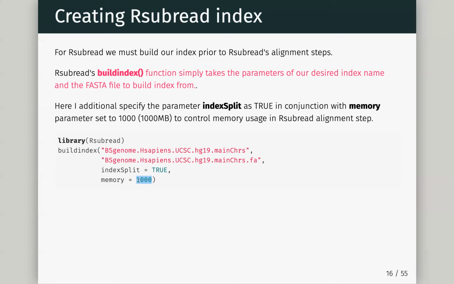So if you set this low, when you come to alignment, you're also going to save memory. If you set this high, it's going to get faster, but you're going to need more memory. I think by default it sets this at 8,000, but you always need to set index split to be true or false. If we set it to true, it's actually going to try and reduce our memory. If you set that to false, this memory parameter has no effect.